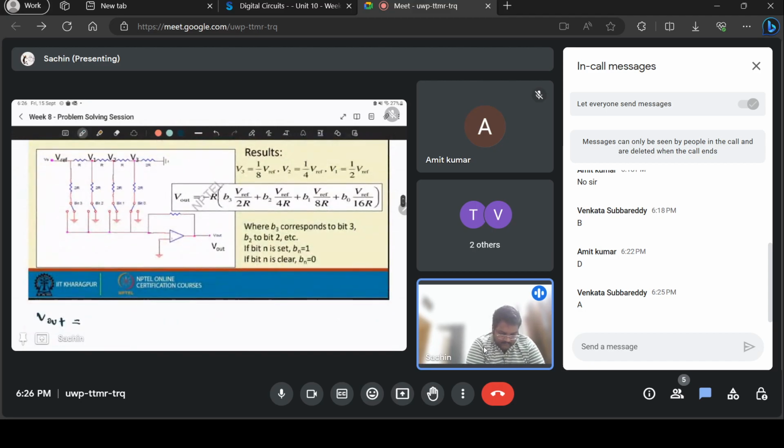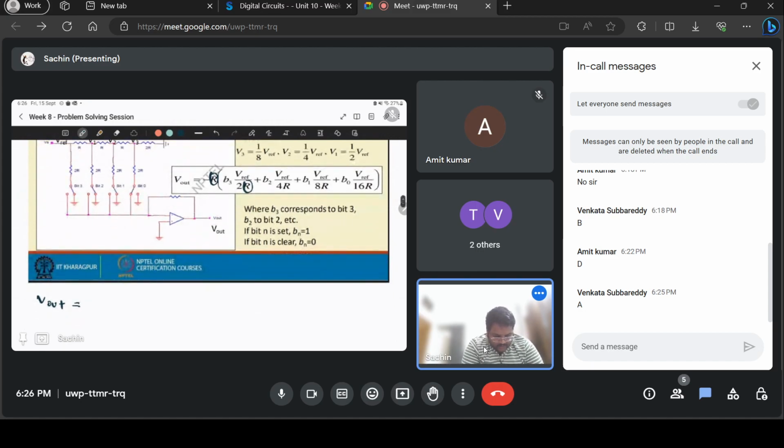So this R and these R's will just cancel. Your output will be negative of, all the B's are 1, and all the terms have Vref as common, so you can take that out. If you take the reference voltage as common, you get half plus 1 over 4 plus 1 over 8 plus 1 over 16.